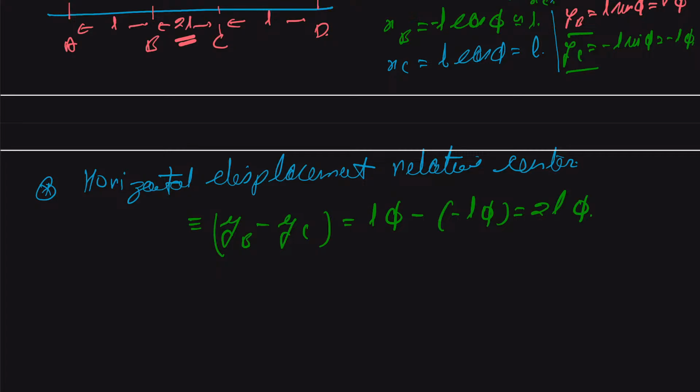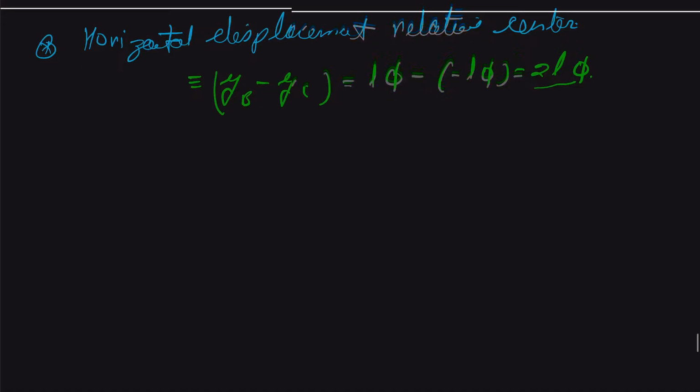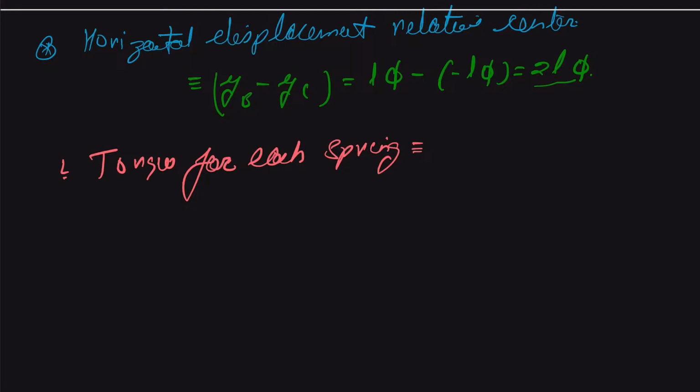Okay, lever arm is nothing but the perpendicular distance, which we just found out, 2L phi. Let us call the torque for each spring tau s, which will be equal to force multiplied by lever arm.